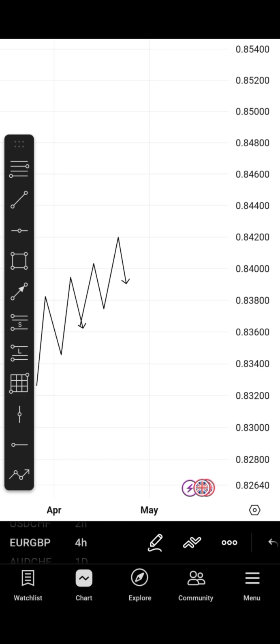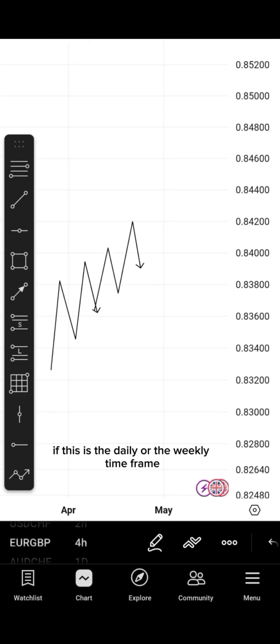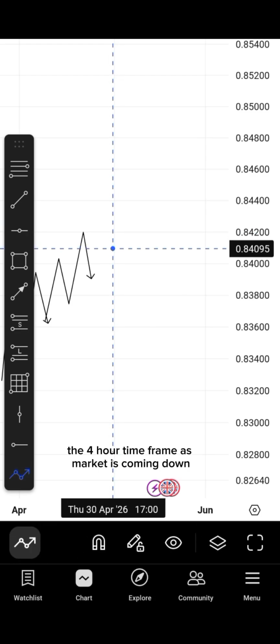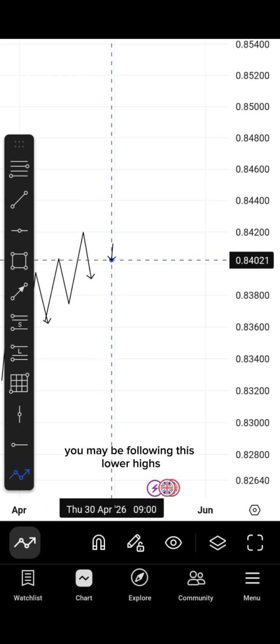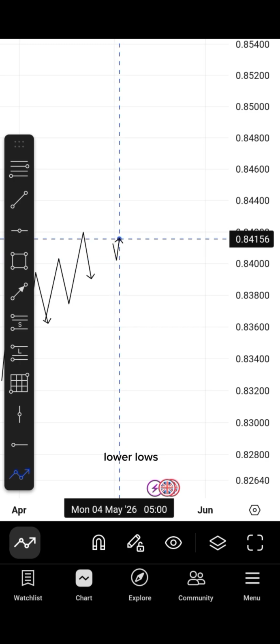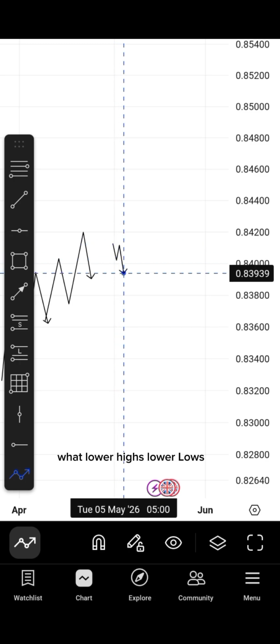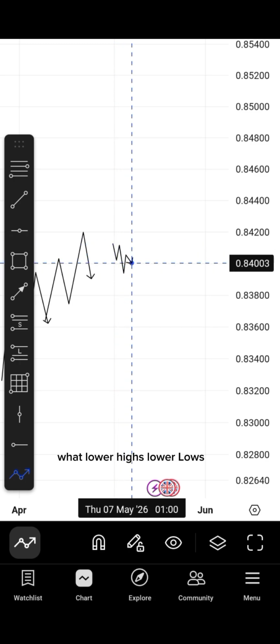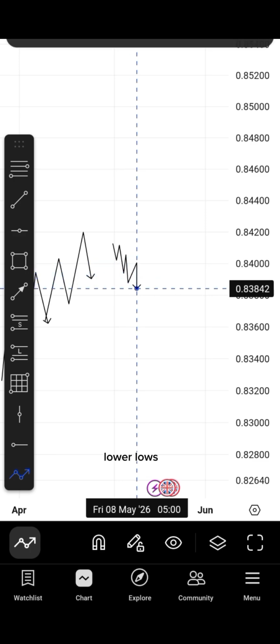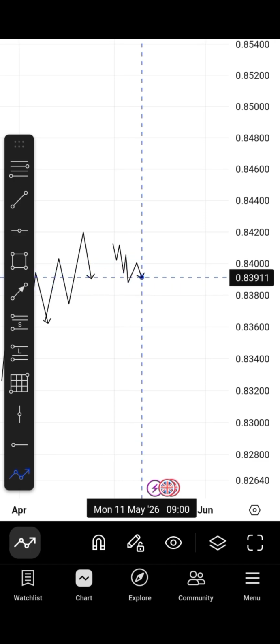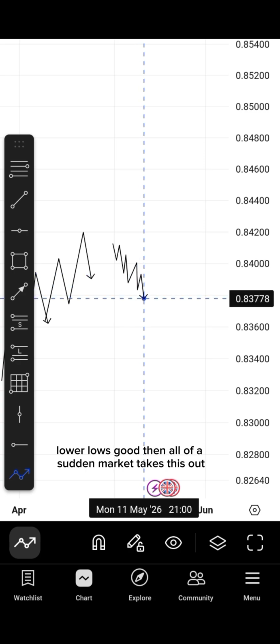The 4-hour may be seeing things like this: as the market is coming down, we may be following lower highs, lower lows, lower highs, lower lows.